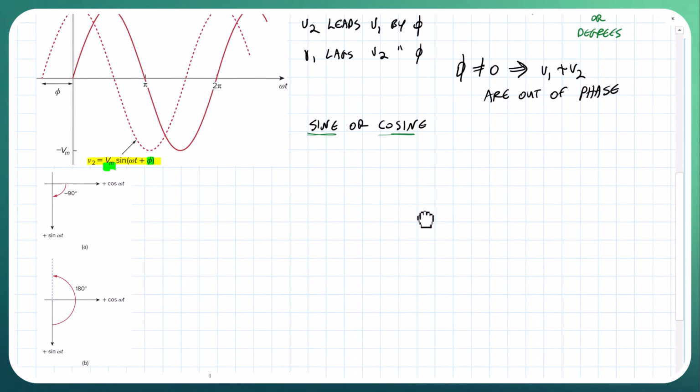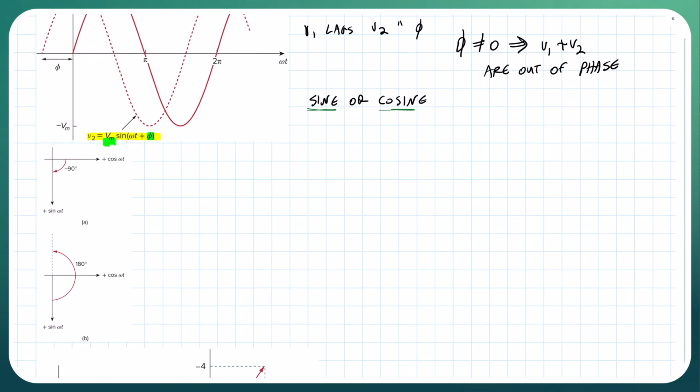So let's come up with some standard definitions here. Sine of omega t plus or minus 180 degrees is just equal to minus sine omega t.